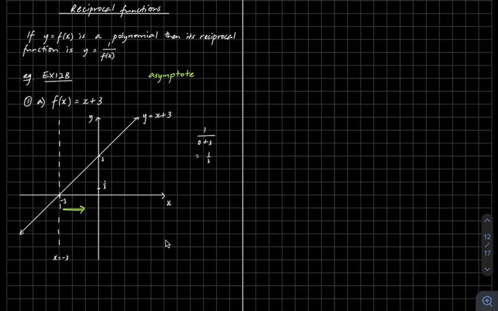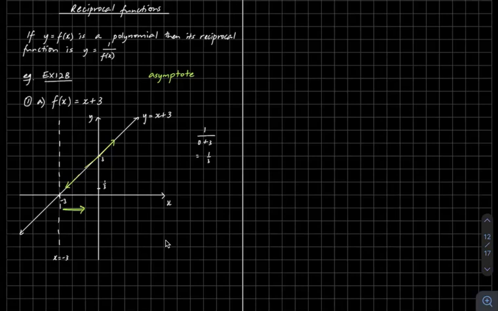So as we go away from the asymptote in this direction, as our values of x are increasing from there, the value of the function is getting bigger and bigger, isn't it? So the value of y is going up, which means the value of 1 over that is going to be decreasing. As we go down this way, the value of y is getting smaller and smaller, and so as y gets towards 0, 1 over that is becoming a larger and larger value.